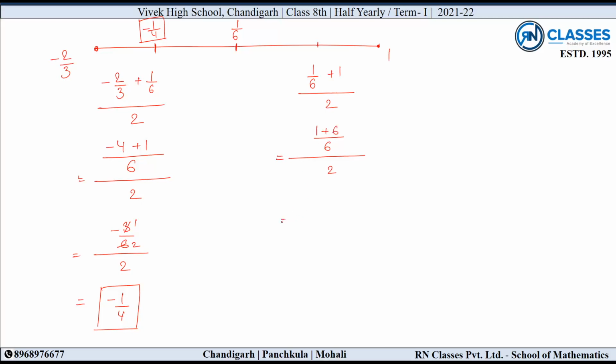So this would come out to be 7 by 6 whole divided by 2. तो 7 by 12. ये आंसर आ गया आपके पास 7 by 12. You found out this one as well, right? So three numbers with mean method you found out: minus 1 by 4, 1 by 6, 7 by 12. These are the answers, right?